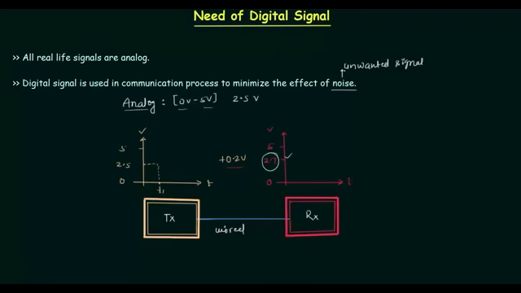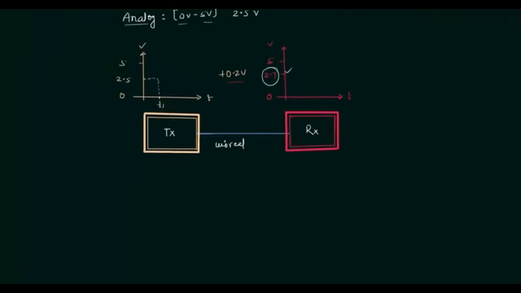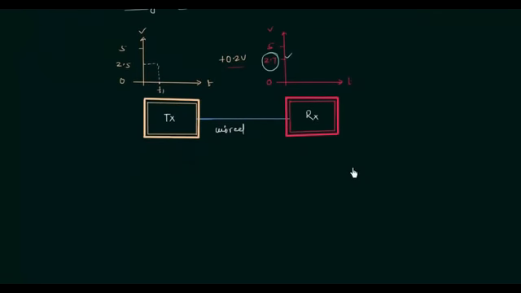We will consider the same scenario in case of digital signal, and let's see what we have. And we already know there are levels in digital signal, and I want 4 levels from 0 to 5. So 5 I will divide by 4 and I will have 1.25.